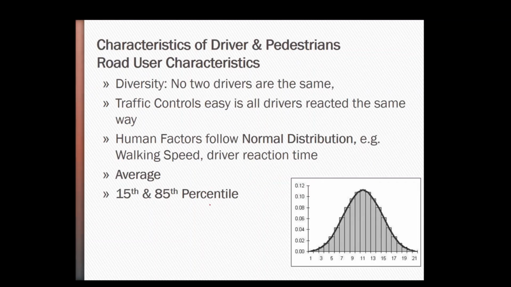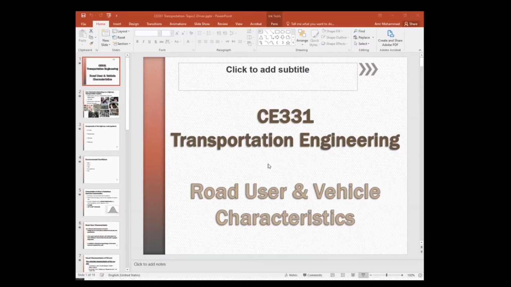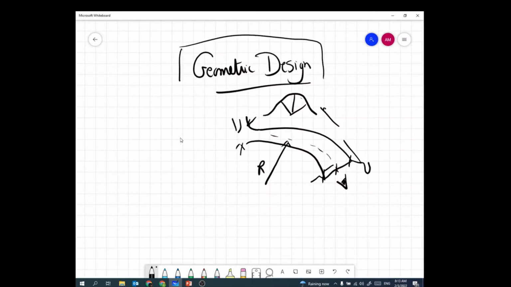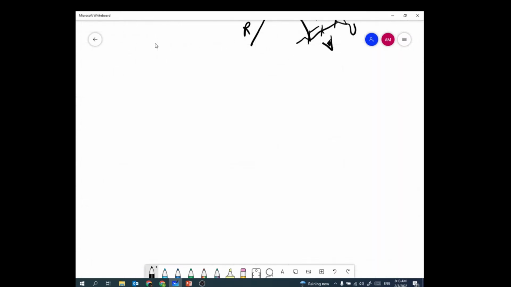I want to bring back this. We talked about this usually in statistics, but I will put it in very easy and straight words here: any human-related criteria, anything related to humans.